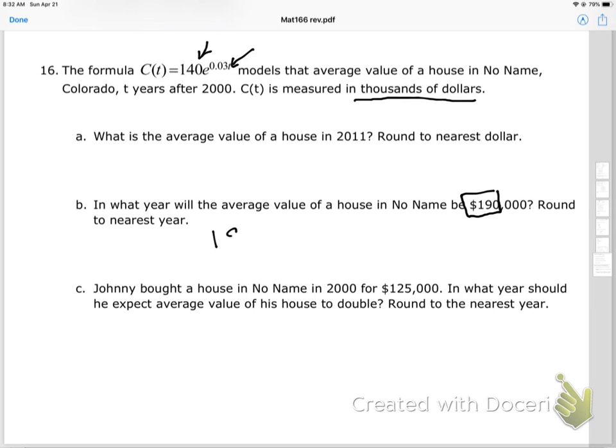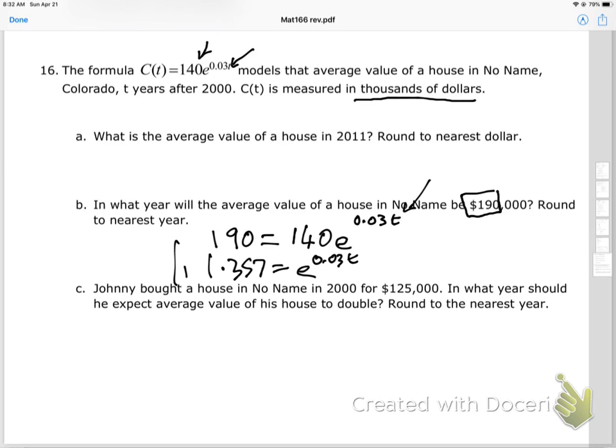So when it's 190 in the future, it's 140 now, e to the 0.03t. So I am looking to find t. First thing to do, divide both sides by 140. 190 divided by 140 equals 1.357, which is e to the 0.03t, because I just divided both sides by 140 to get rid of it.